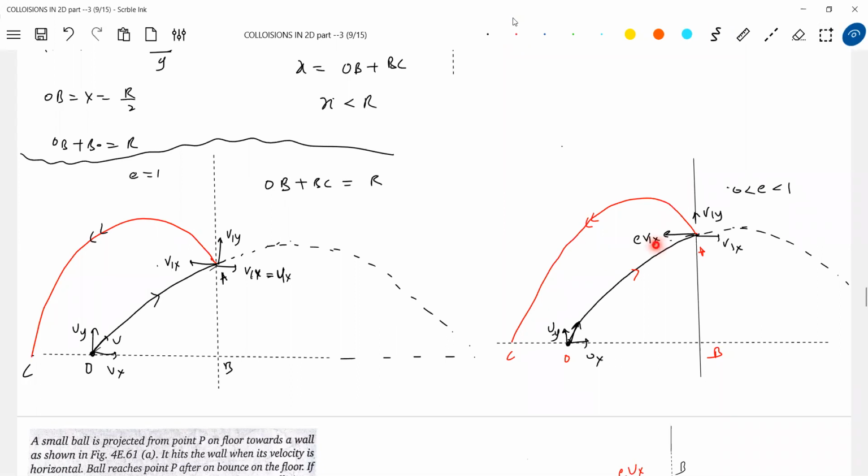If e v1x is such that it may come back here, it may come like this. But it cannot retrace the path. Am I right? So it will come like this. Or if e v1x is a certain value, it may fall beyond the point of projection, or it may fall in front of it. So what are the possible paths here? I'll show 3 paths here, in different colors. So another possibility is this one.